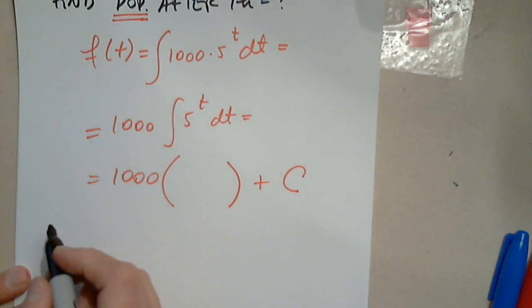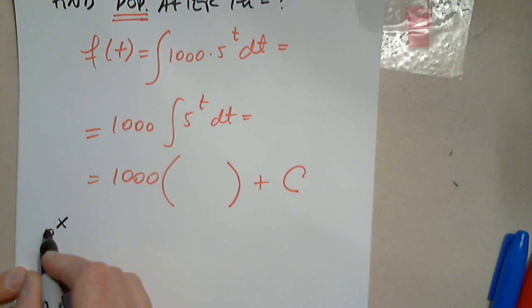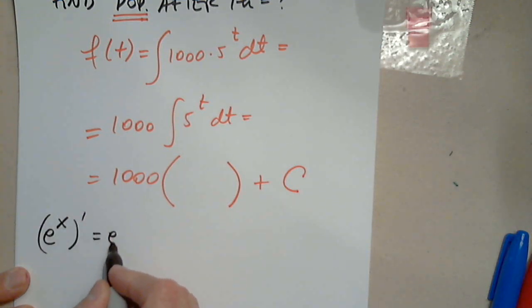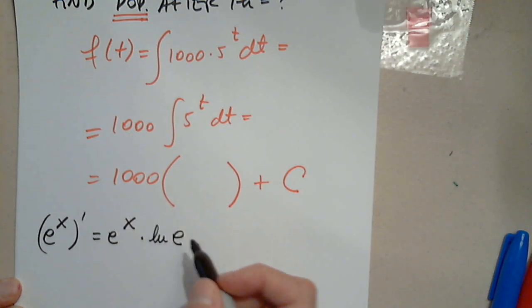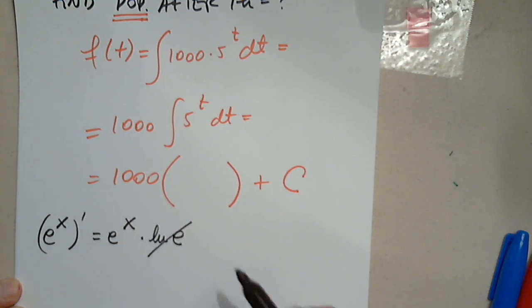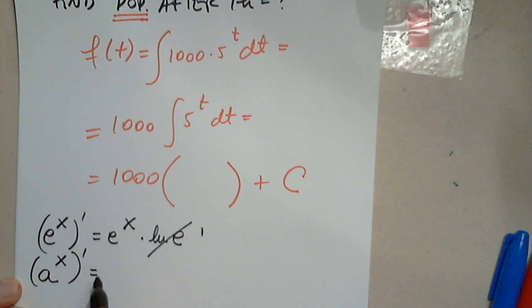And it all is connected to e to the x. E to the x prime is e to the x. I should write times natural log e, but there is no need because it's 1. But when I differentiate any other number raised to x, what do we get?